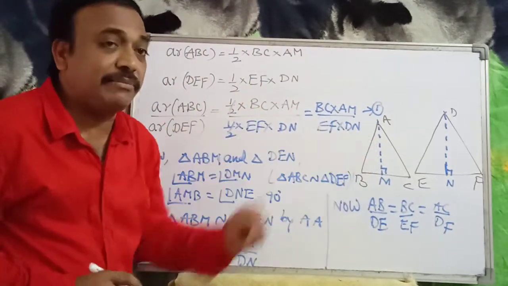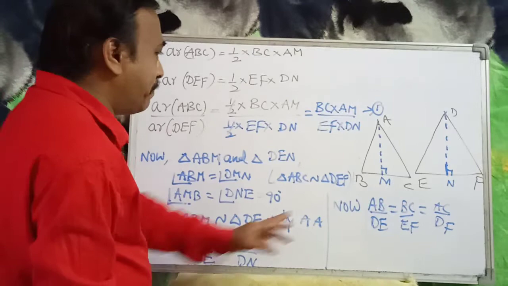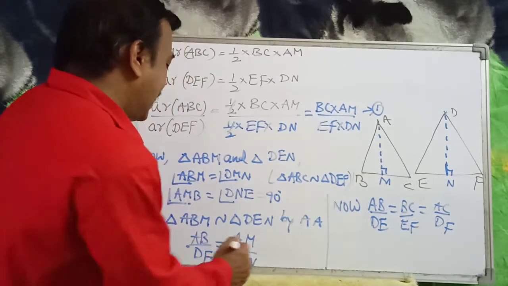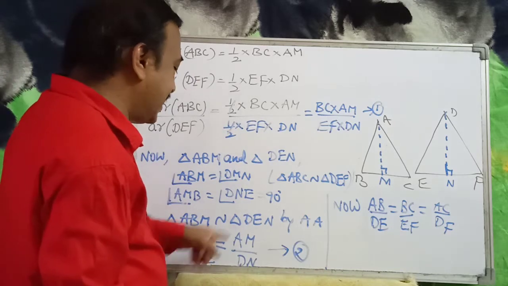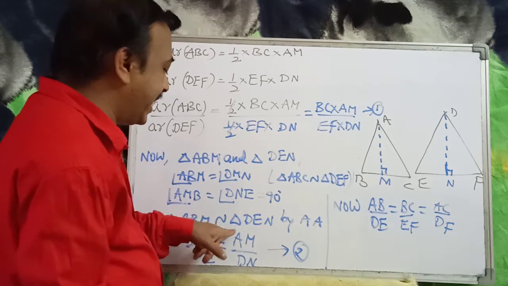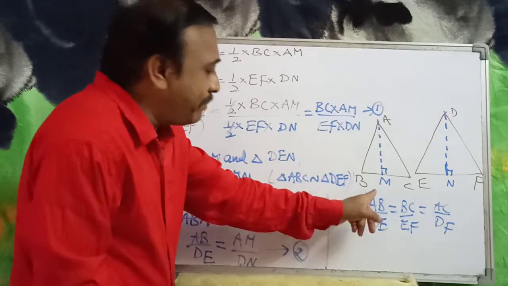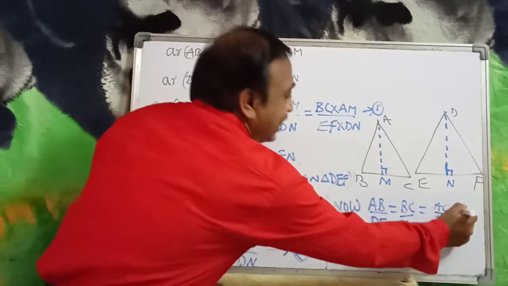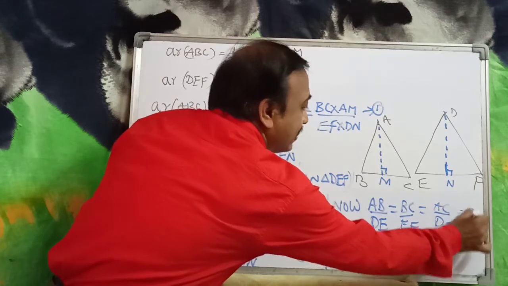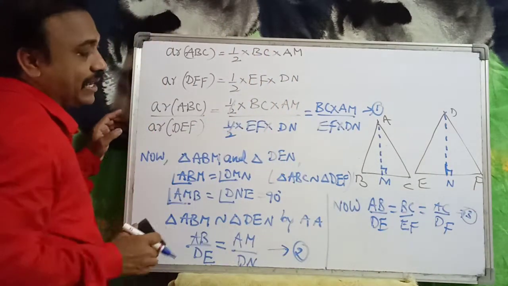Because triangle ABC is similar to triangle DEF. Let this be equation 2. In this, AB by DE is equal to AM by DN. But AB by DE is equal to what? BC by EF. And this we write as equation 3.